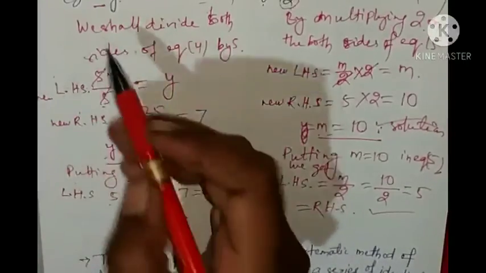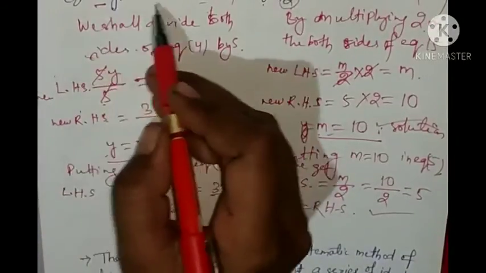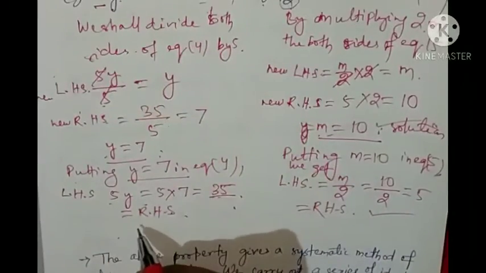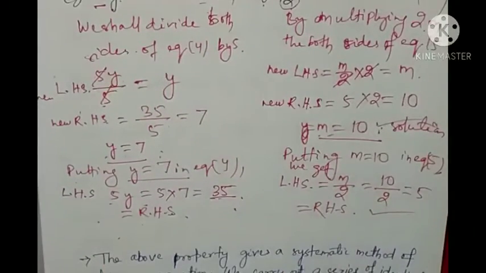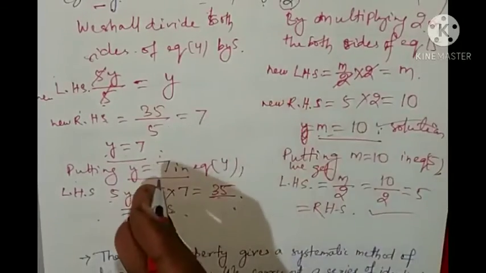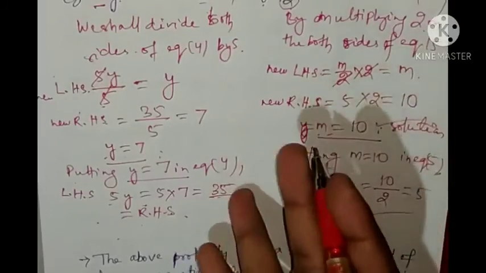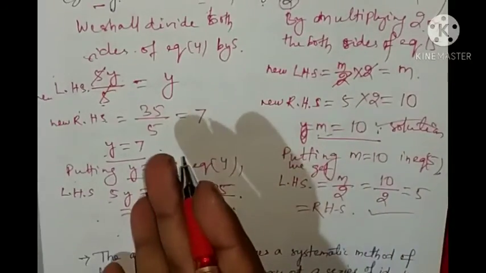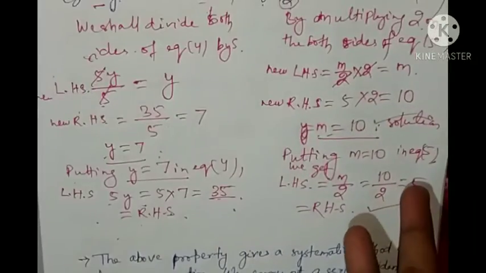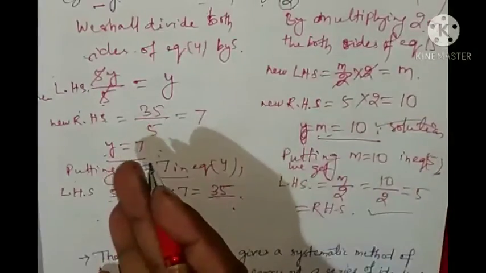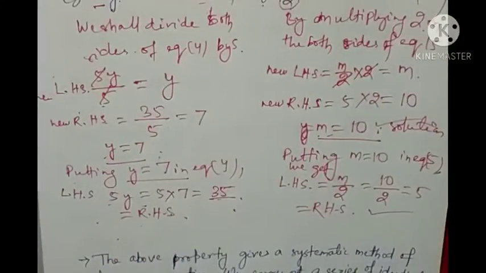If we are adding on the left hand side, we add on the right hand side. If we subtract on the left, we subtract on the right. If we multiply on the left, we multiply on the right. If we divide on the left, we divide on the right. So that we get the variable.